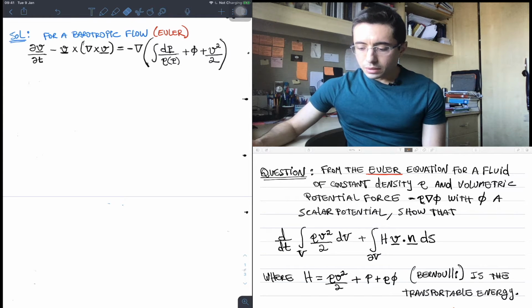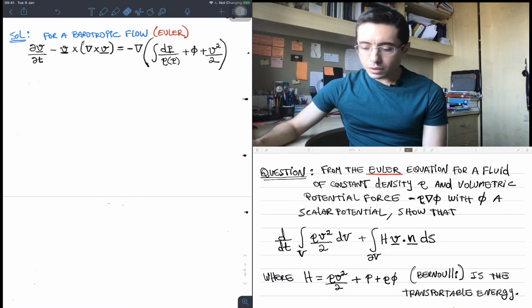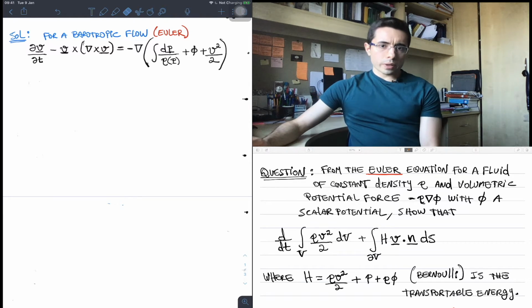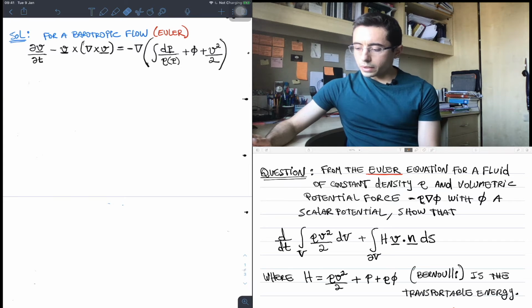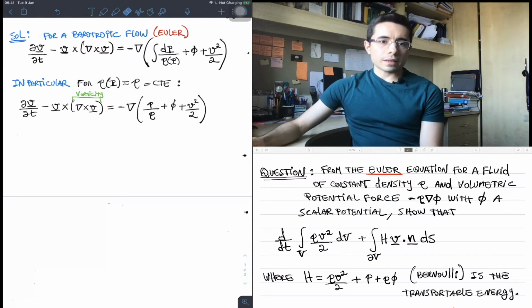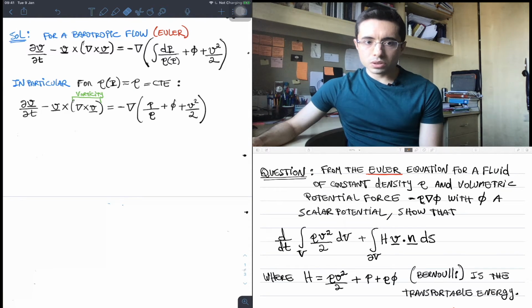All right, so that's the derivative of the velocity, and phi is the scalar field, and p is the pressure, and ρ is the density. But in particular, as the question said, this ρ is constant.